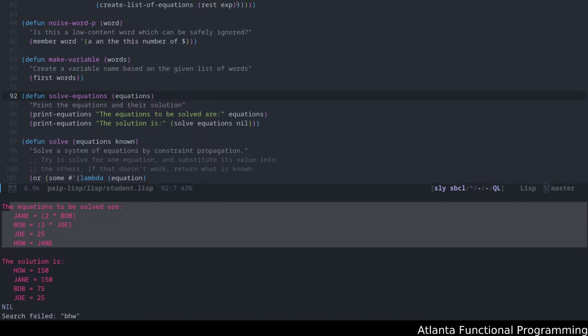All right, looks like there are no questions, so let us look at solve equations, shall we?